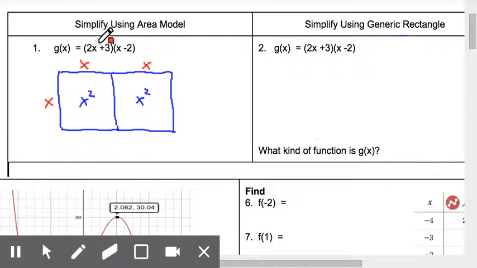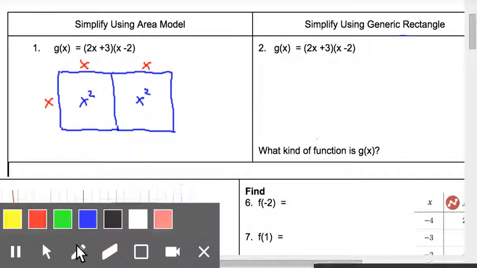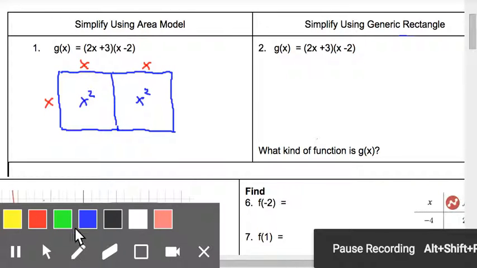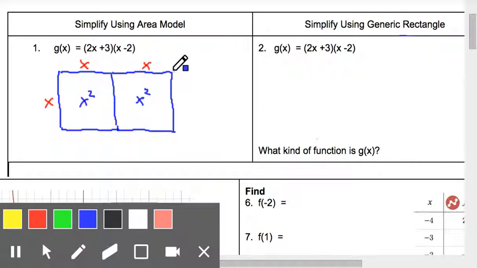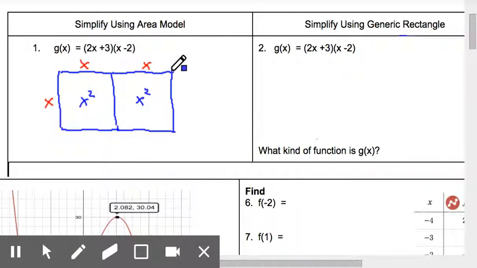But we want the length to be 2x plus 3, so we need to attach an x tile here. So if we attach one x tile, the area of this is x.